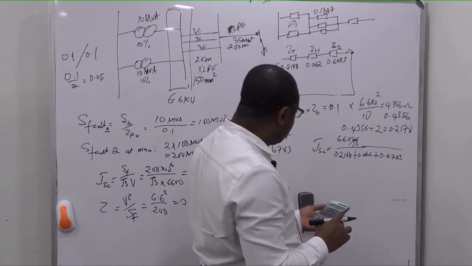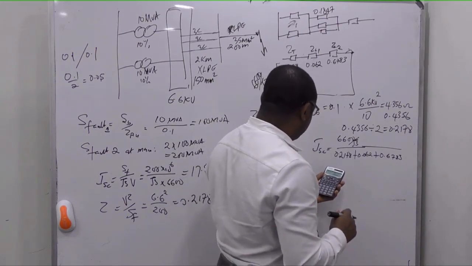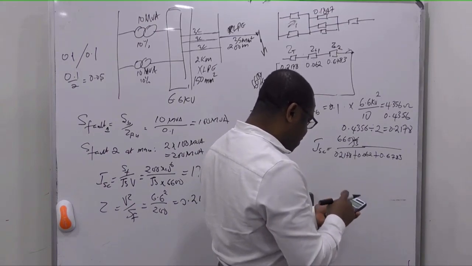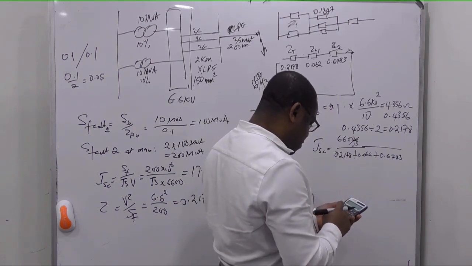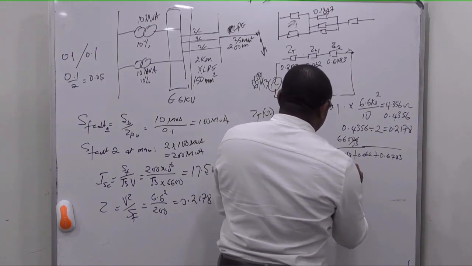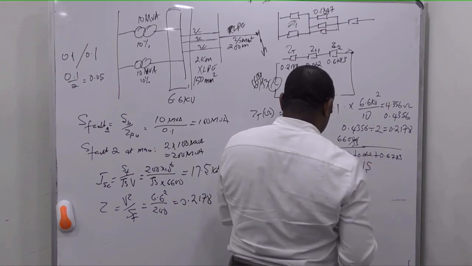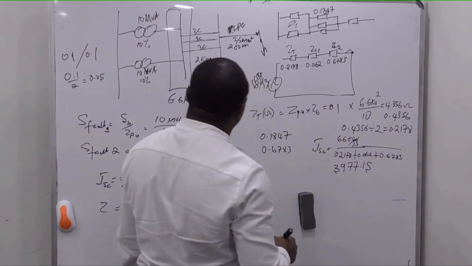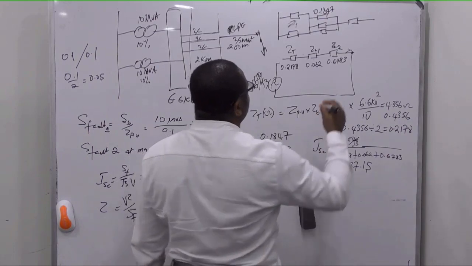So we have a total now, 6,600 divided by that, then divide again by root 3. I have that to be 3977.15. That is how much current will flow here.